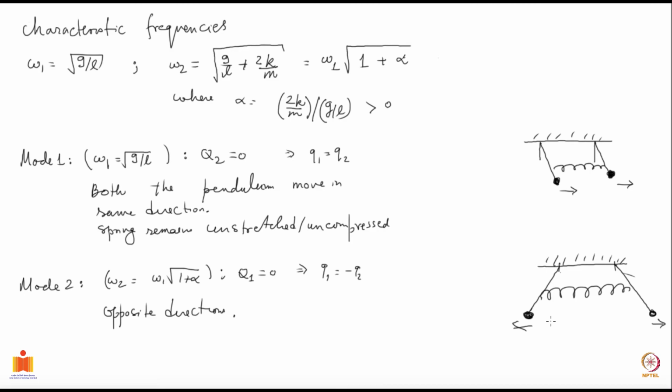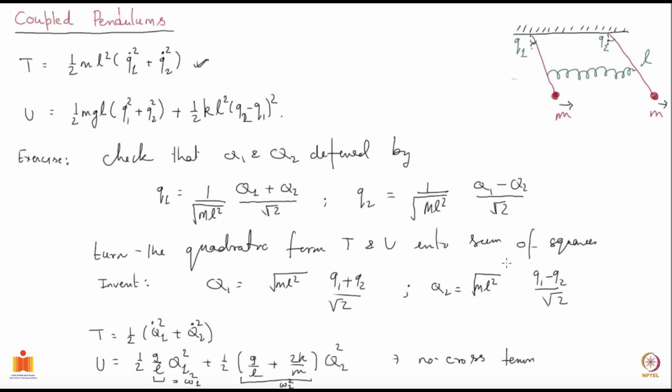Okay, and the reason is because let's say when you are in a particular mode q1, for example, in this case, all the small q's, they all oscillate with the same frequency, right? That you should be able to immediately convince yourself, because the small q's are just a linear combination of the big q's. For example, here this q1 is just a linear combination of these, right? q2 is a linear combination of these.